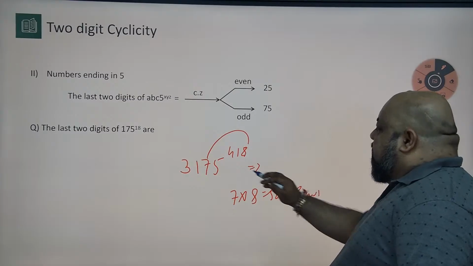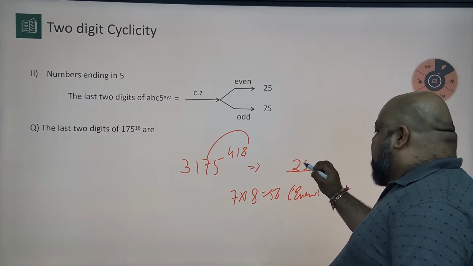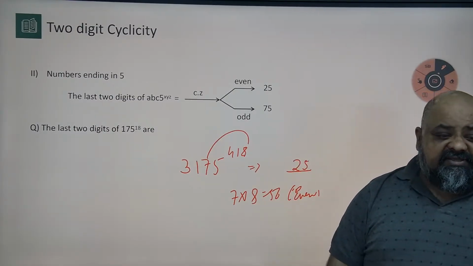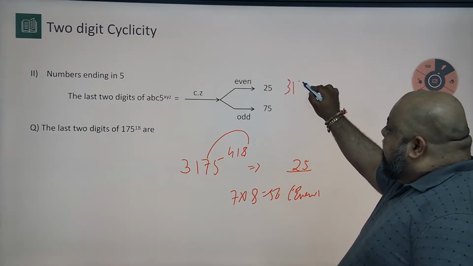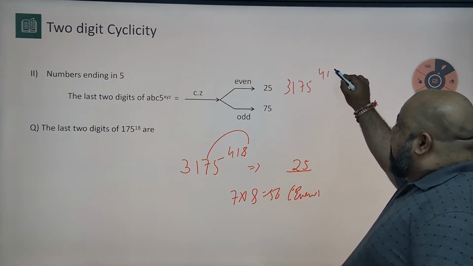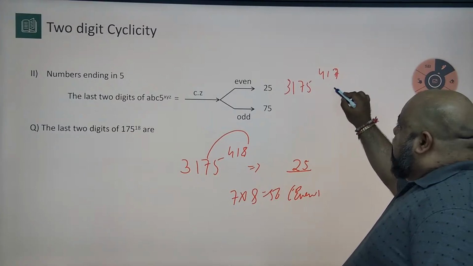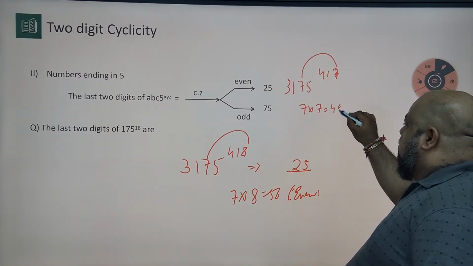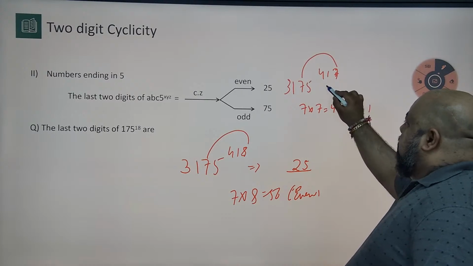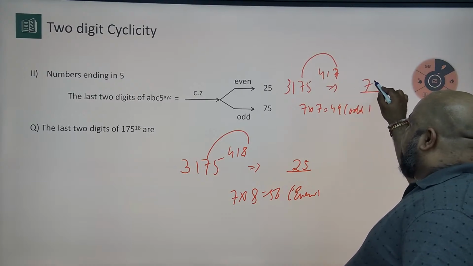Since it is even, this number will end in 25. Instead, if this were 3175 raised to power 417, 7 into 7, 49, odd. So the last two digits here will be 75.